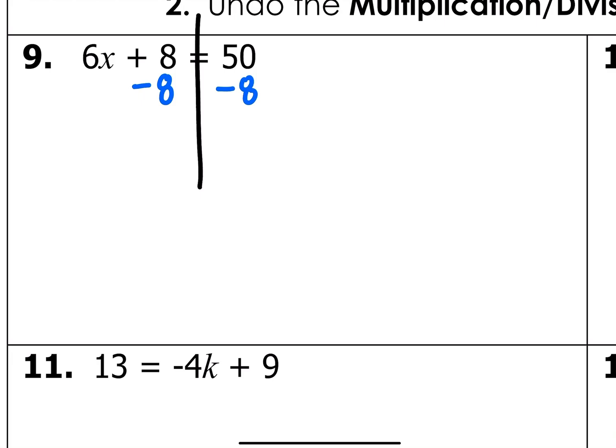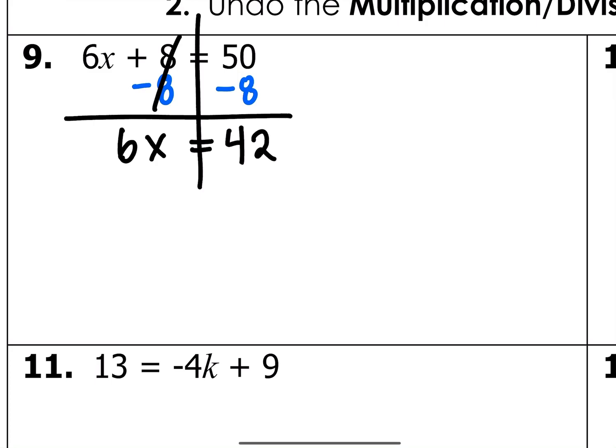I have to take it off of the one side to get it to the other side by using inverse operations. If it's a positive 8, I subtract. If it's a negative 8, I add, right? So that becomes 0, and I get 6x equals 42.